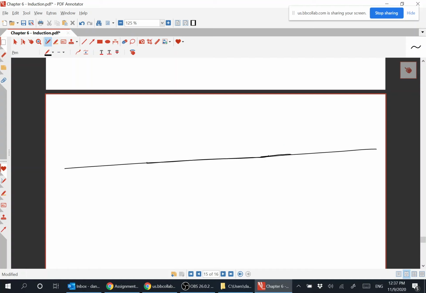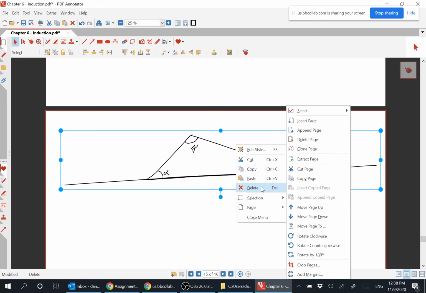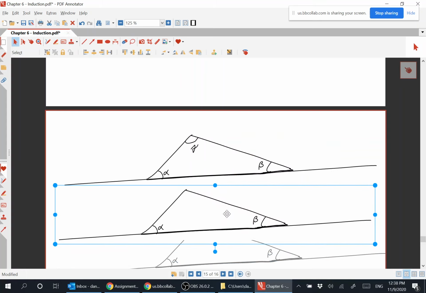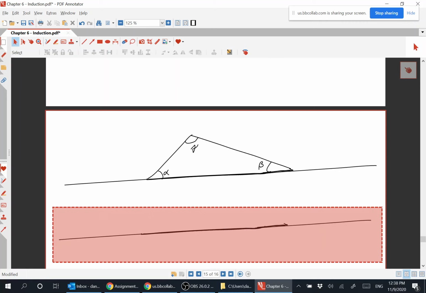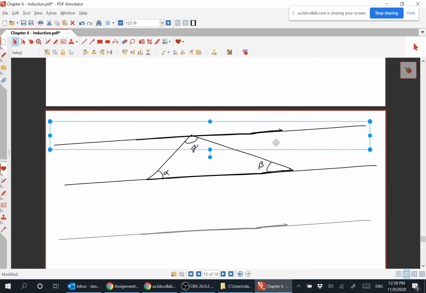All right. Now make a copy of the line and put it on the opposite side, like that.